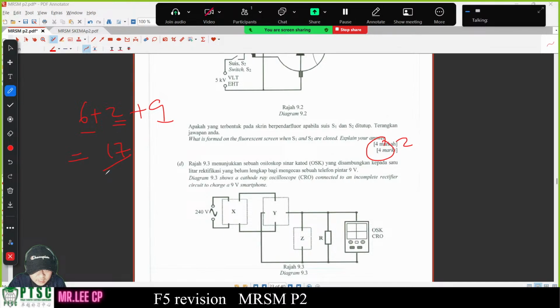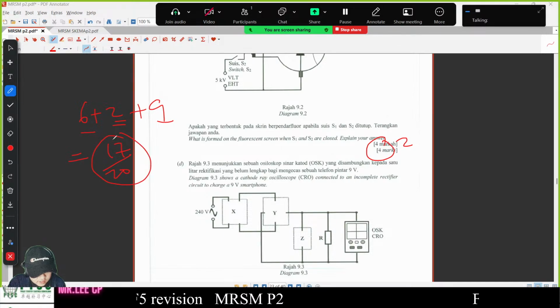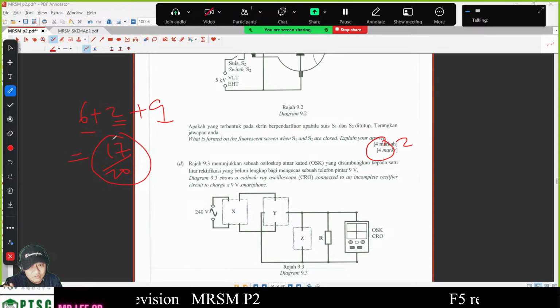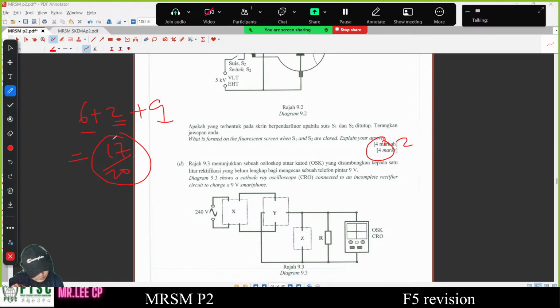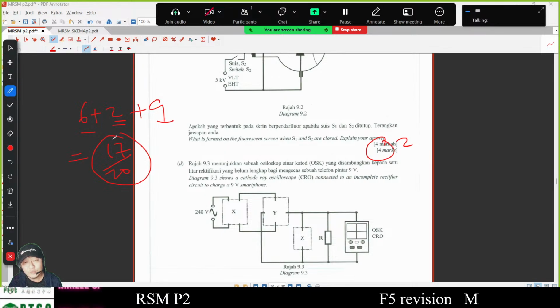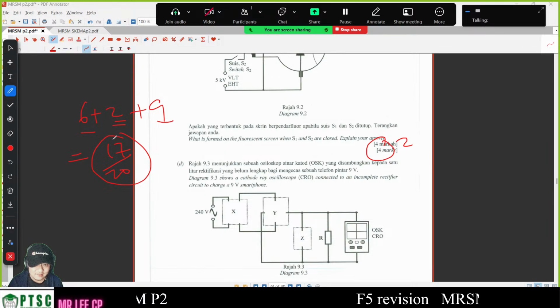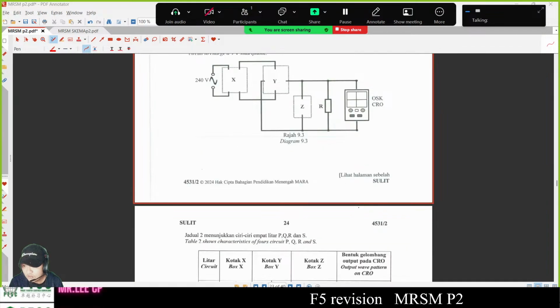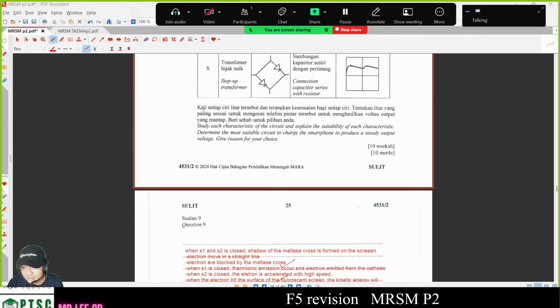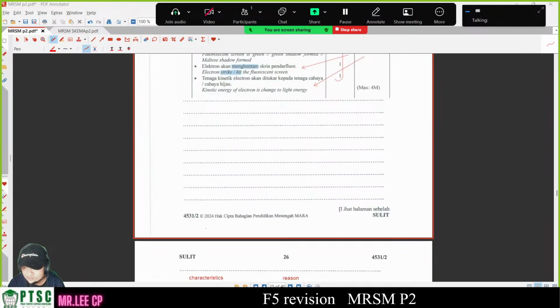So I can get 17 out of 20. So I want you to get 15 or above. 15 will be good already. So if you get 14, then another question you have to get 16. Like that. Total 30. Alright, if you can get 30, then it will be good enough.